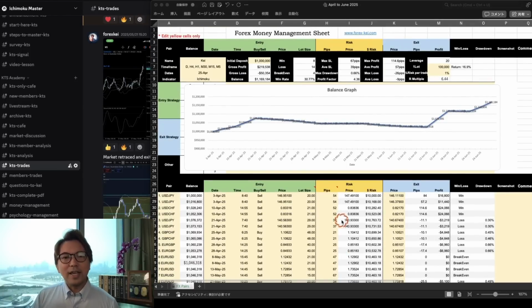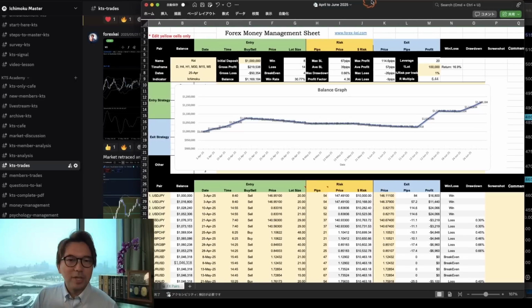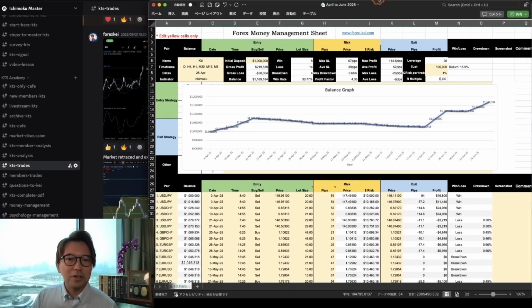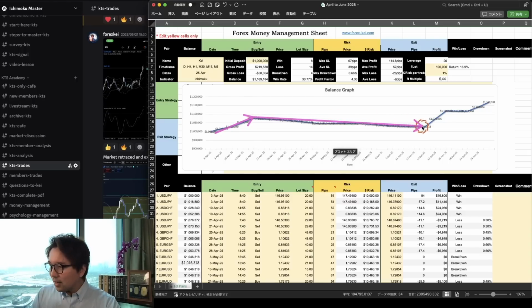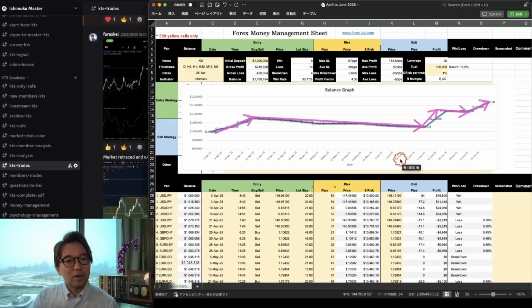So again, if you want to build your own strategy, or if you want to also do a trend follow strategy with Ichimoku or any other indicators, always remember to draw the bullish N wave graph. As long as you draw the N wave graph like this, then that means the more you trade, the more you make profits.